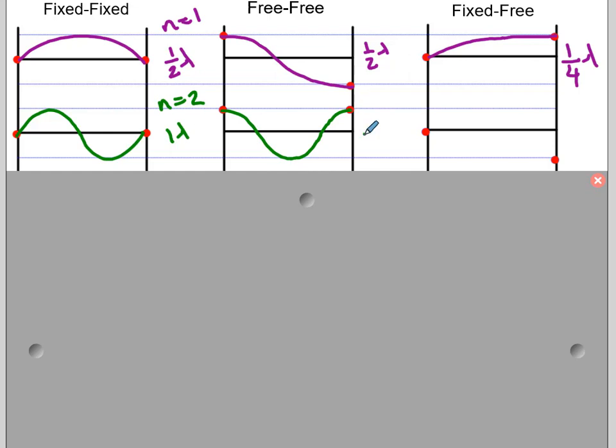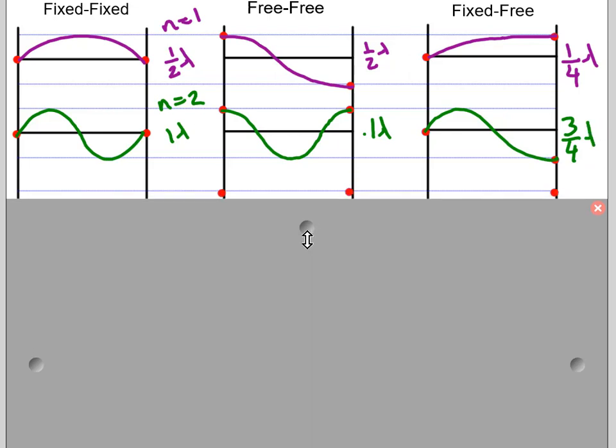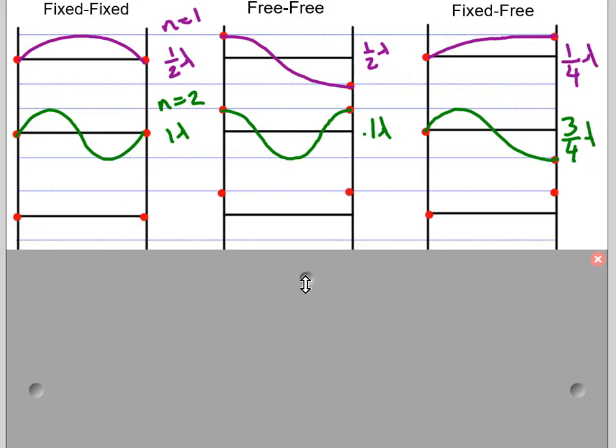Oh, look at that. That's 1 wavelength. If I do fixed-free, I go up to the top and then finish down low, and you'll say, well, hey, that's 3/4 of a wavelength. Hope you might start seeing a bit of a pattern here, but we'll do a couple more just to help.